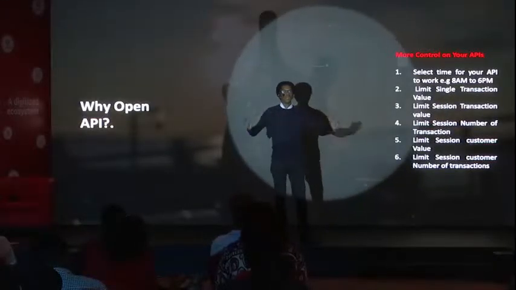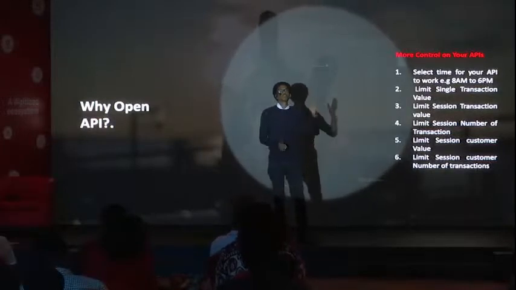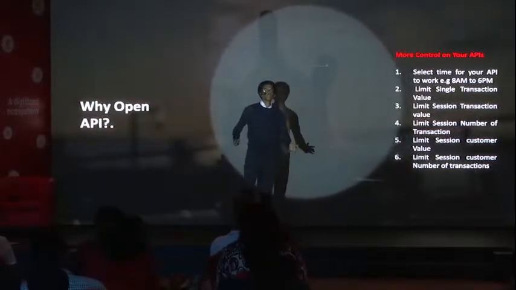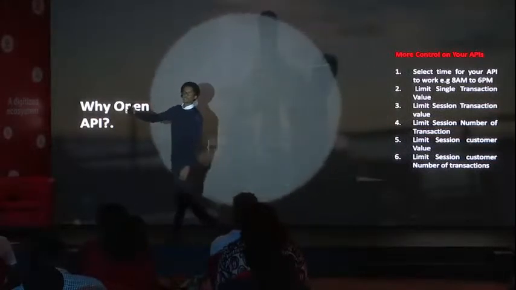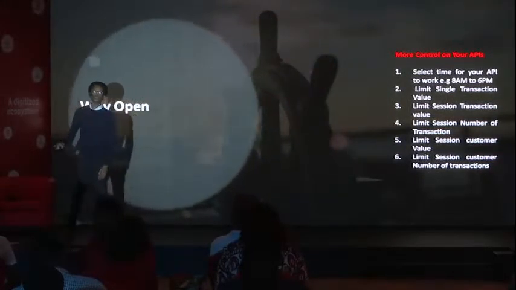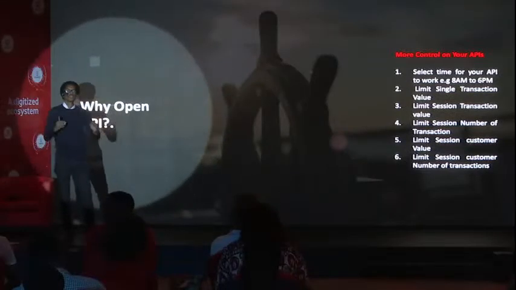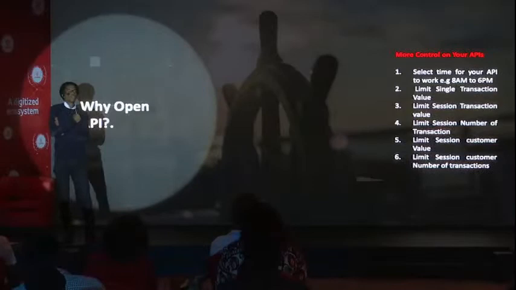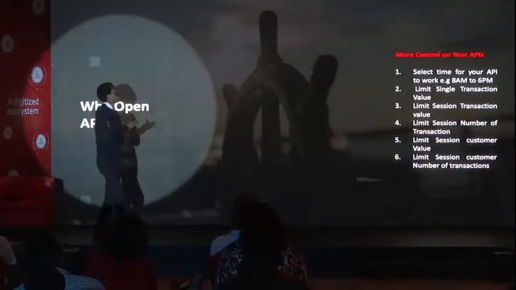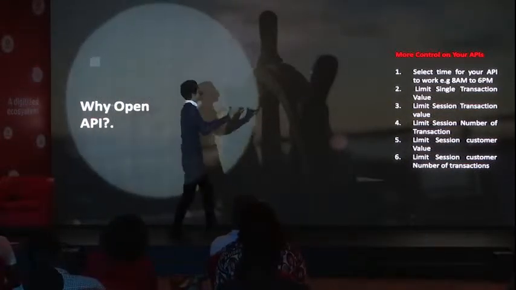You say, I run a competition, and the competition is from 8 a.m. to 5. So if there's any transaction before 8 a.m., any transaction after 5 or after 6, it should not work. So you don't need to sleep worrying about that transaction not happening. We give you the power. You can define it yourself.